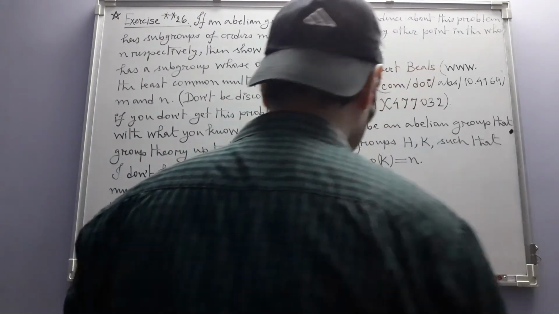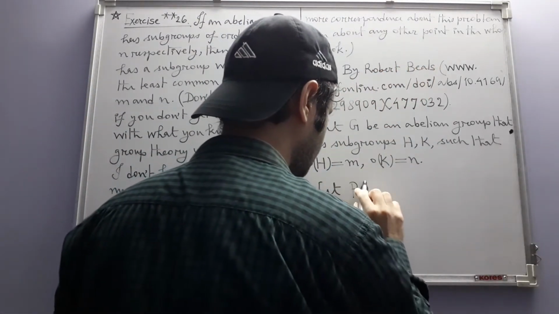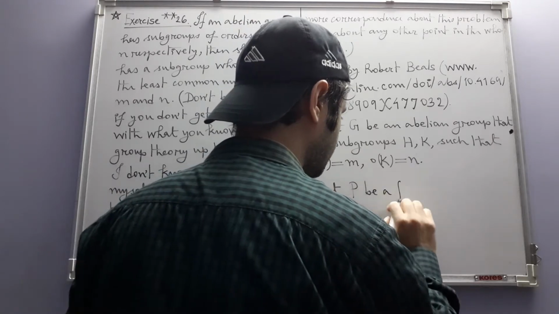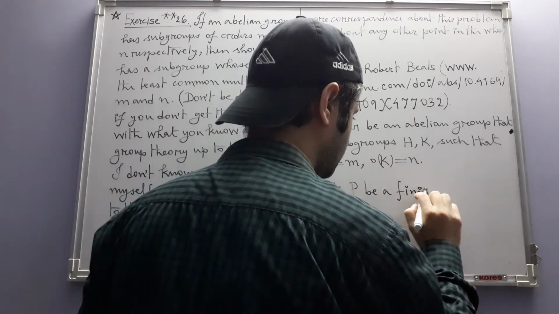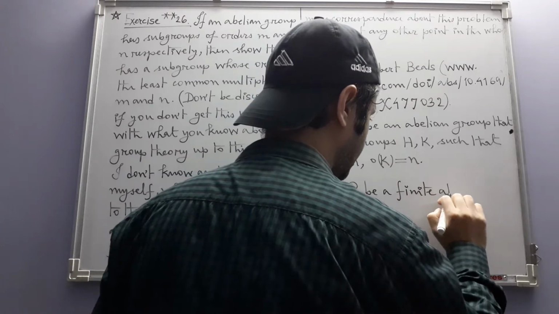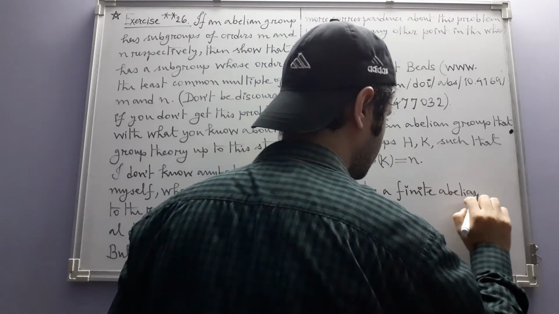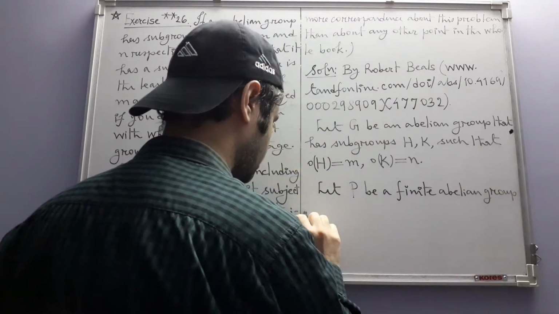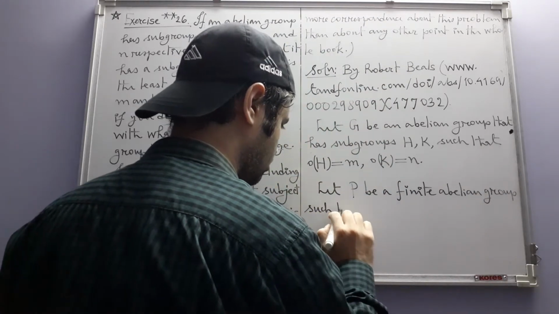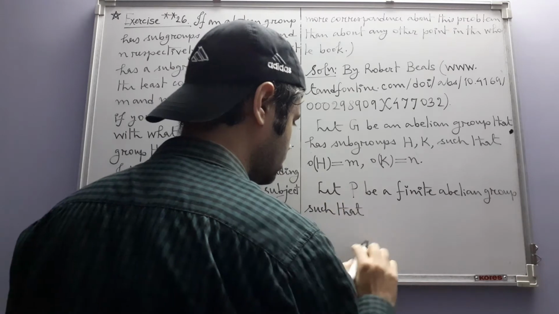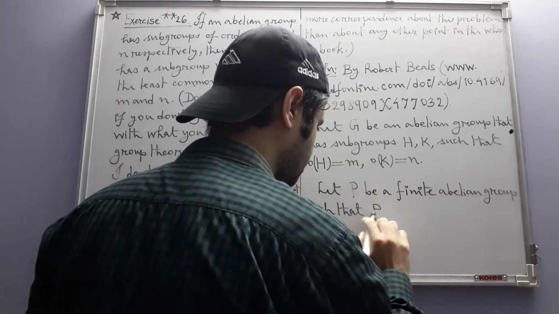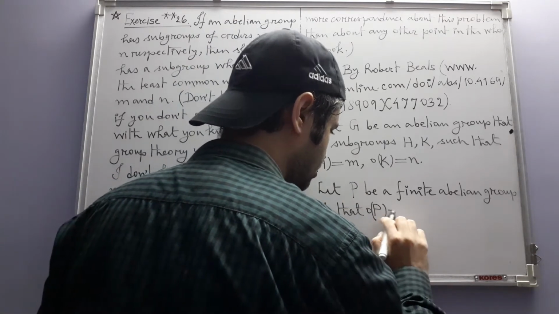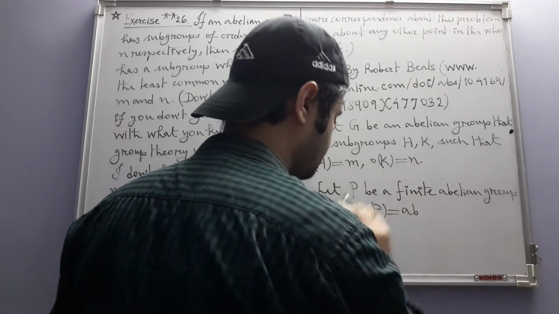Okay, so let P be a finite abelian group such that order of P is of this form.